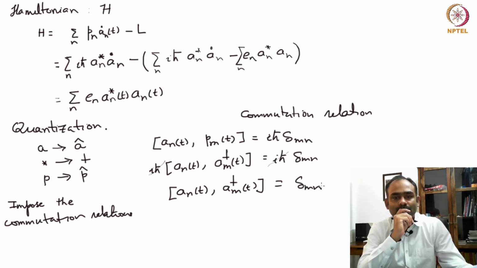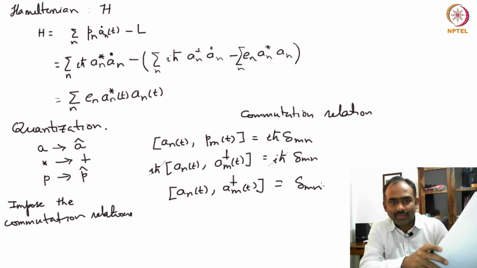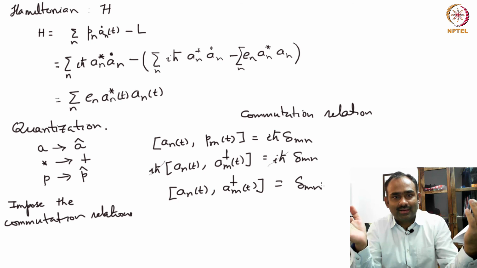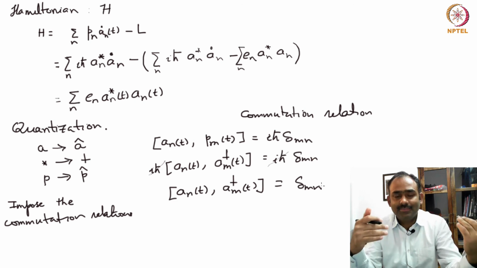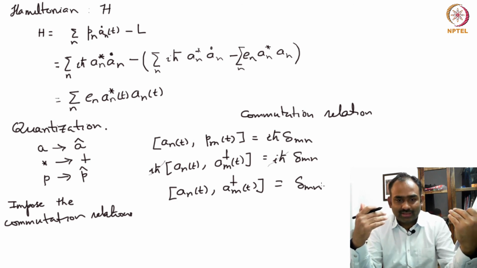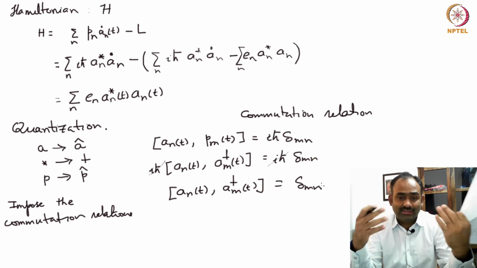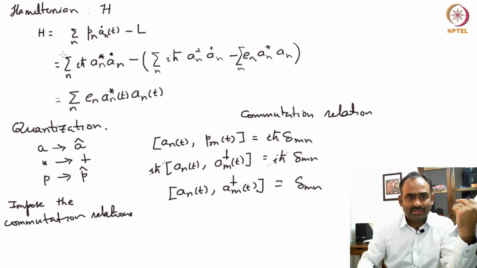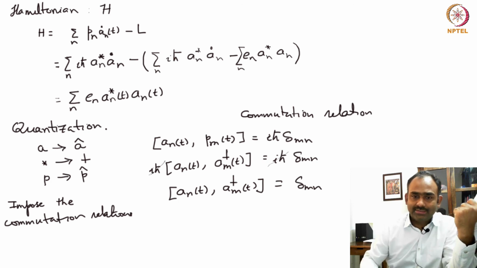Okay, that is good. And what is our Hamiltonian now in the quantum theory? The Hamiltonian of this quantum mechanical system, which we have found by quantizing the classical action whose classical equations of motion are the Schrodinger equation, is now summation over n En an dagger an of t.